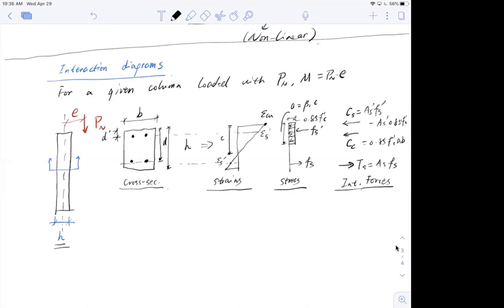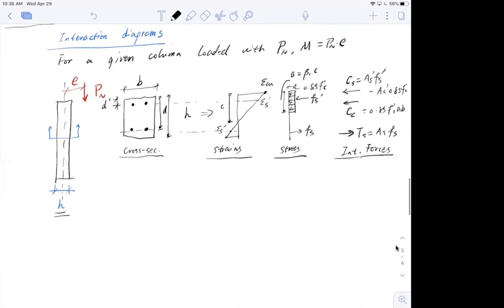Now, one thing I haven't drawn is the resultant forces, or you can call them external forces. The external forces just look like Pn, and then Mn, which is equal to Pn multiplied by e.